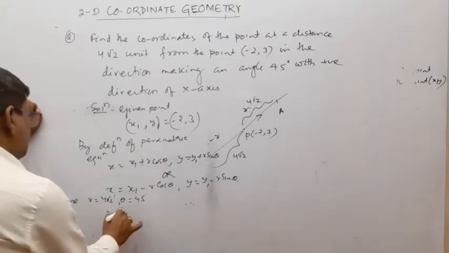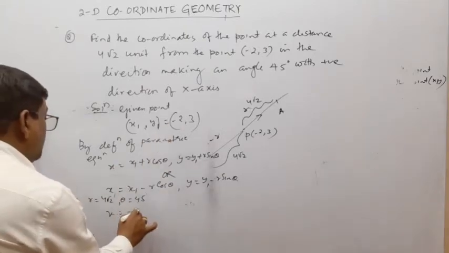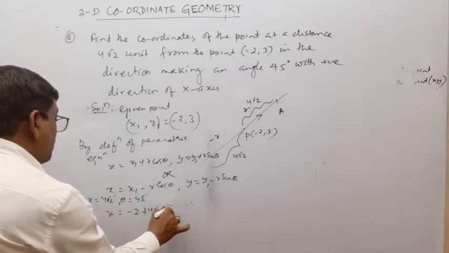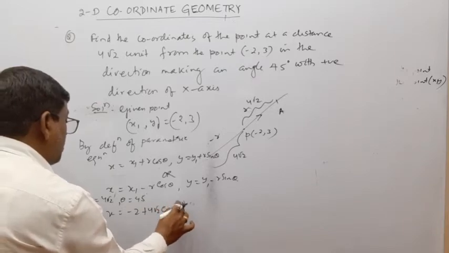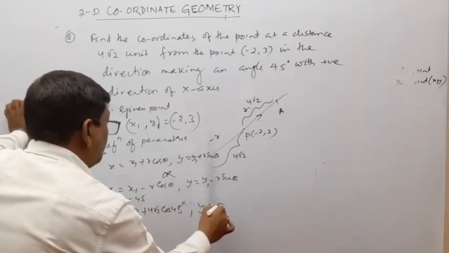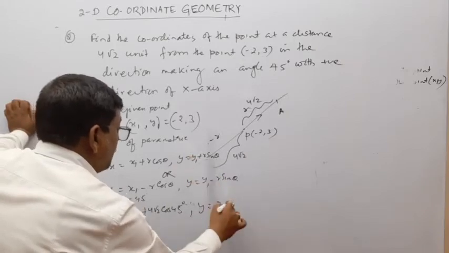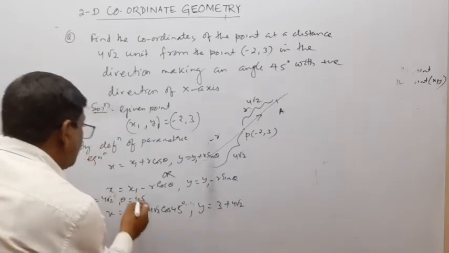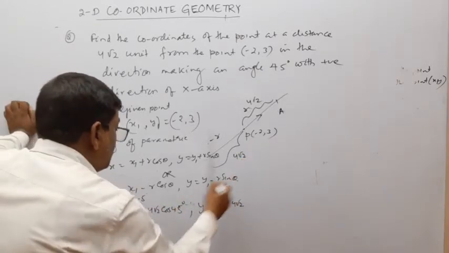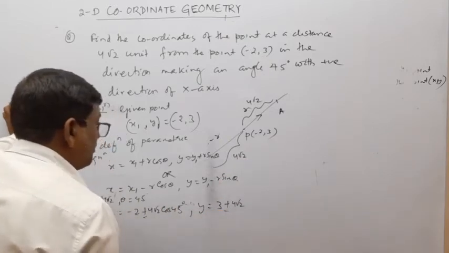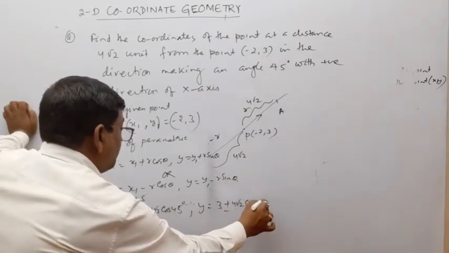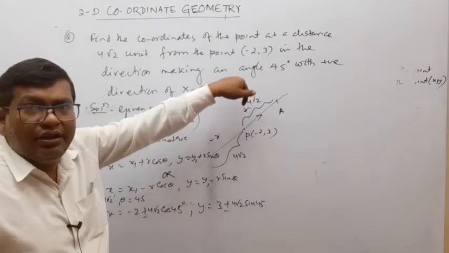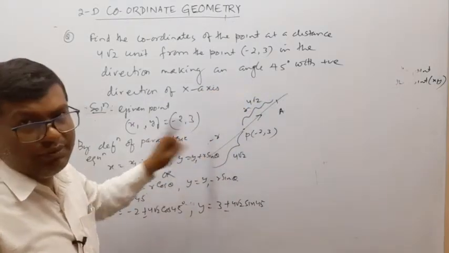Now x is equal to x1, this is minus 2 plus r, that means 4 root 2 into cos 45 degree, y is equal to y1, that means 3 plus r, 4 root 2, sin 45 degree. Combining, this is plus or minus, because if the direction is along this, then it is r, and if the direction is opposite, then it will be minus r.